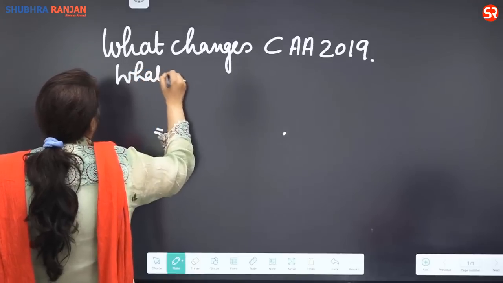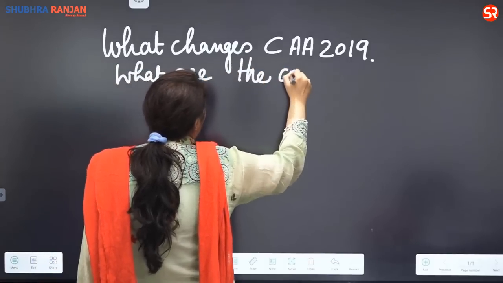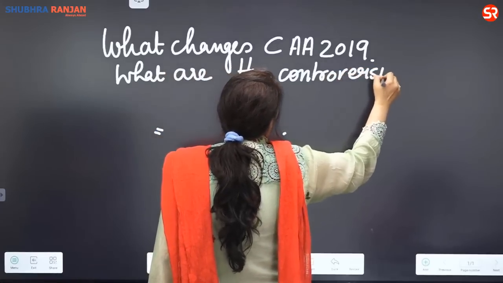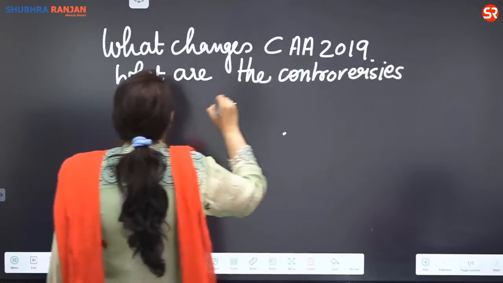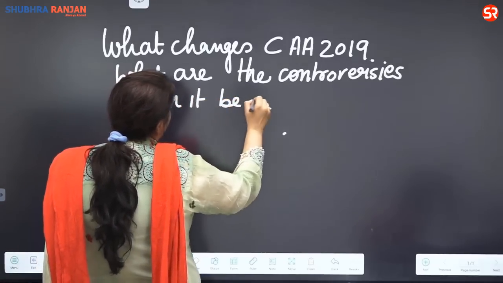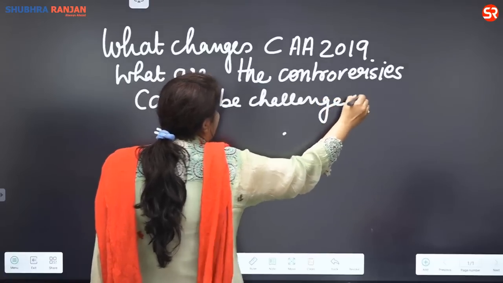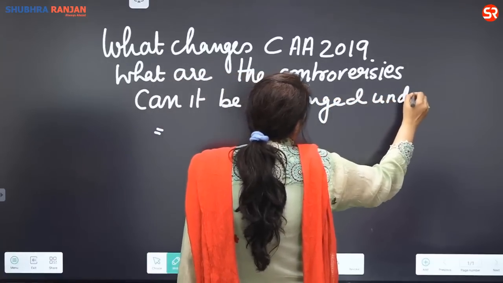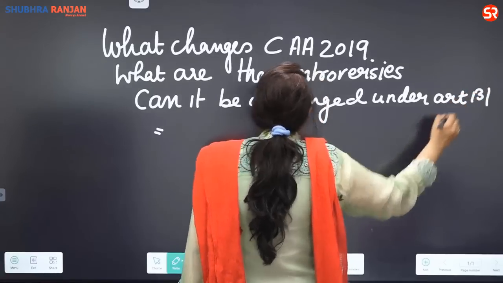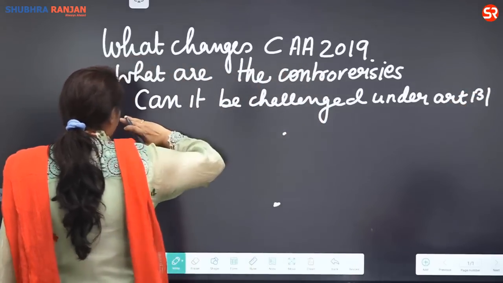What are the controversies attached to it, and can it be challenged under Article 131?